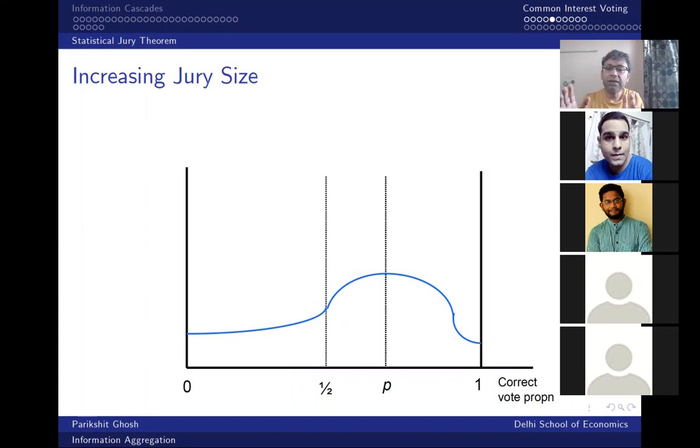Now, if the information of voters could be pooled before the Brexit vote, suppose Brexit was a common interest thing. So before a Brexit vote or a similar kind of referendum, if millions of people can get together in a room and tell each other what they know or what they think, the problem will be trivial.